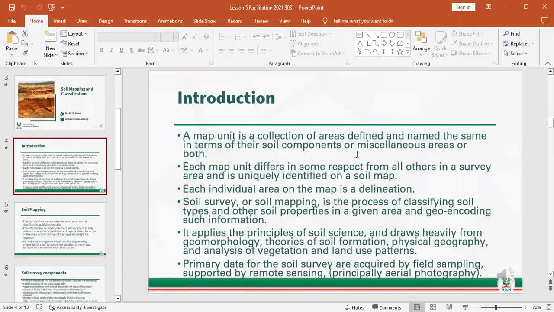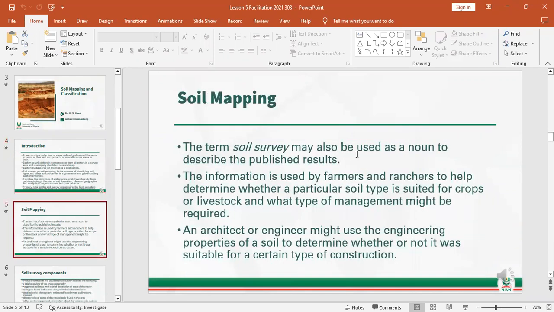It draws from geomorphology, theories of soil formation, physical geography, analysis of vegetation, as well as land use patterns. The primary data for soil survey are acquired by field sampling, supported by remote sensing, principally aerial photography.